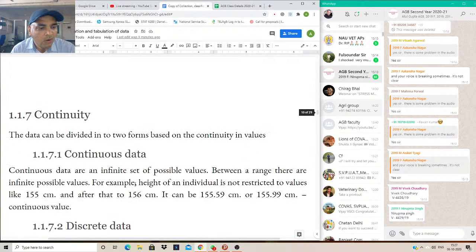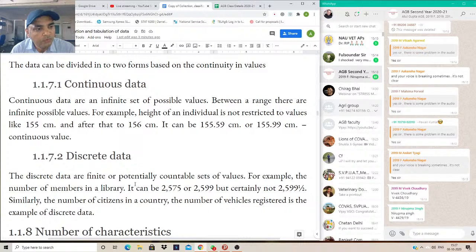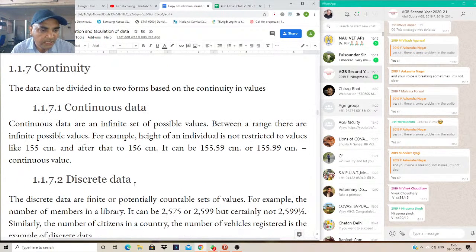Okay. Now, the data can also be divided into two based on the continuity of the data. We have already told you discontinuous and continuous, or qualitative and quantitative. So, continuous is quantitative, which is generally measured on a ratio scale. Continuous data are an infinite set of possible values.